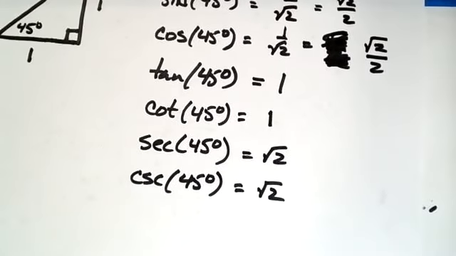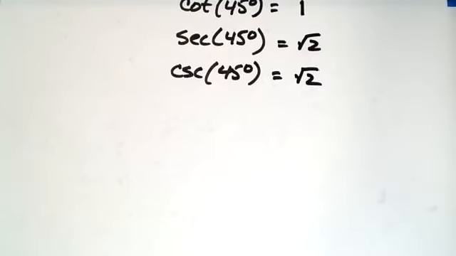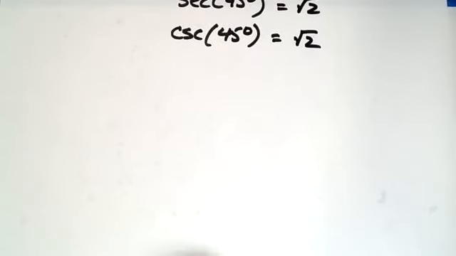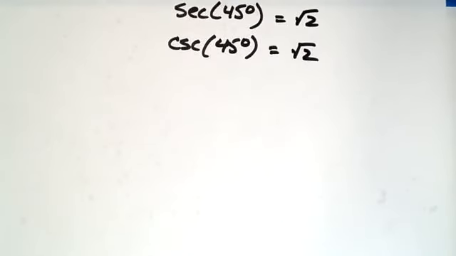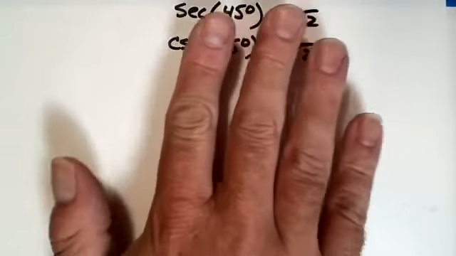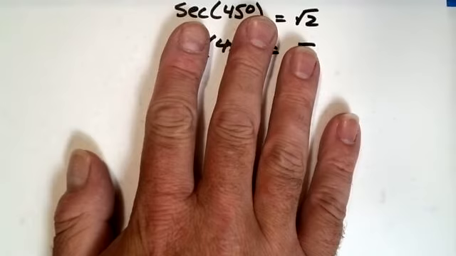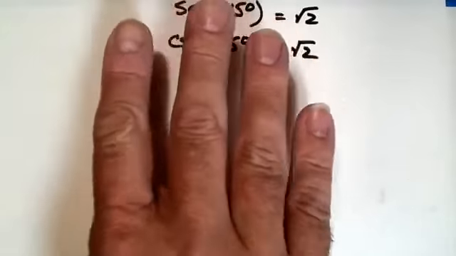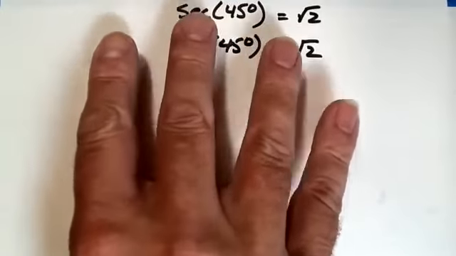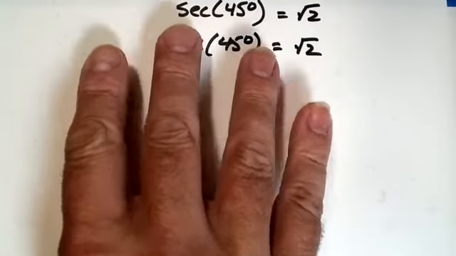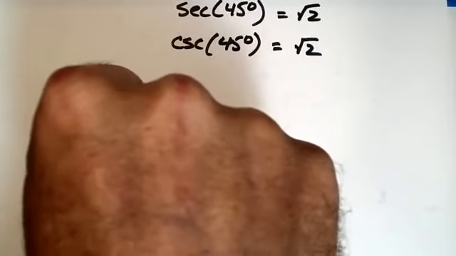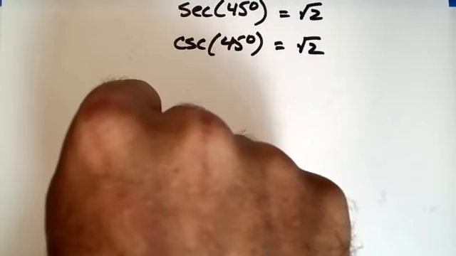This is starting to look like a lot of stuff to remember. I agree with you. So I'm going to show you a little trick. I'm going to hold out my hand here. Every finger represents an angle. So this is 0 because I have 0 fingers up.